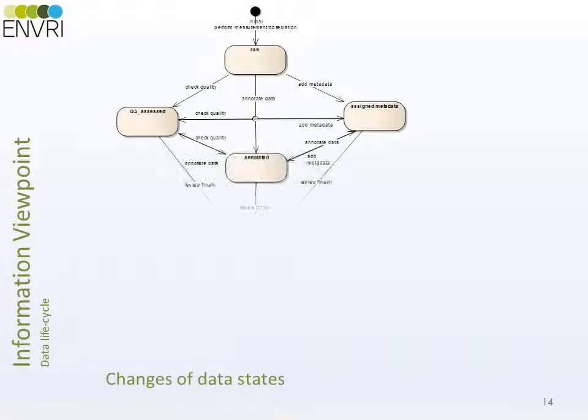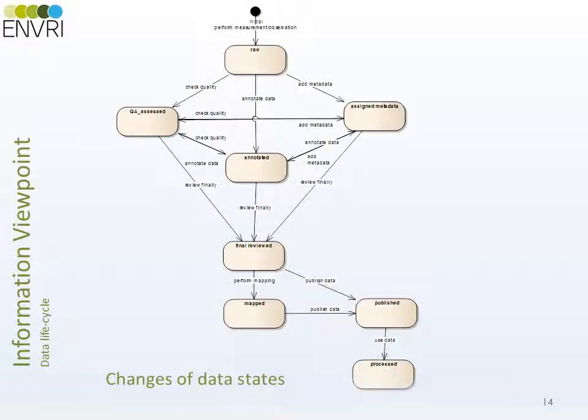This slide shows all possible data states represented by round-edged boxes and the possible transitions between states triggered by information actions, computational operations represented by arrows. The primary results of observations or measurements define the raw status of data. The data become annotated when they are connected to concepts describing their meaning.